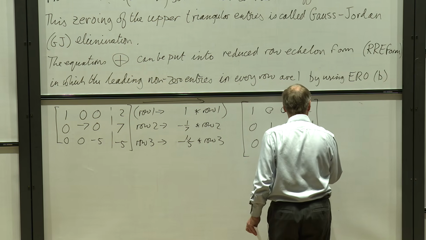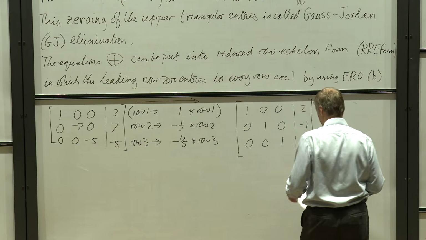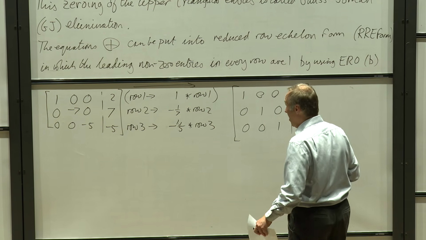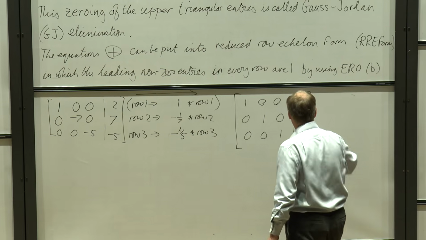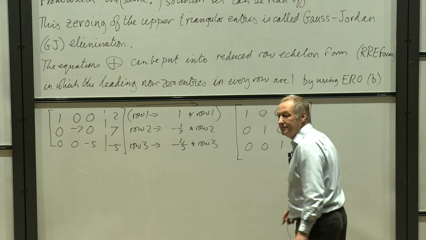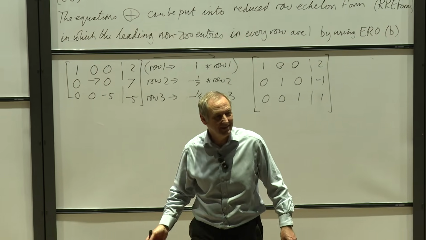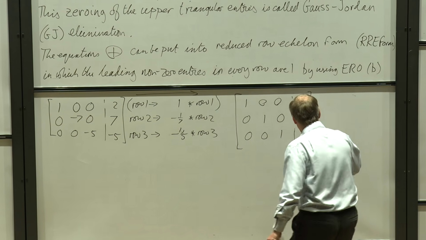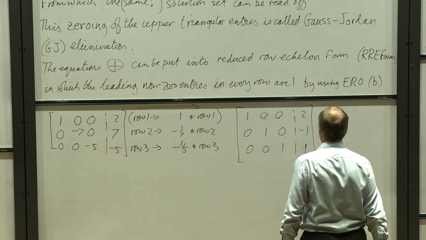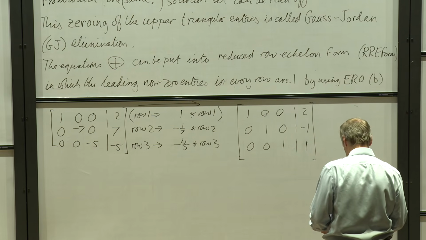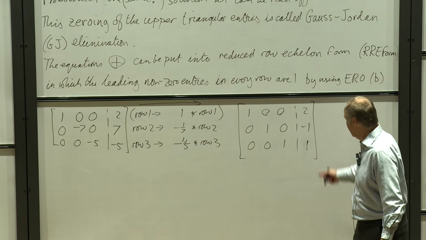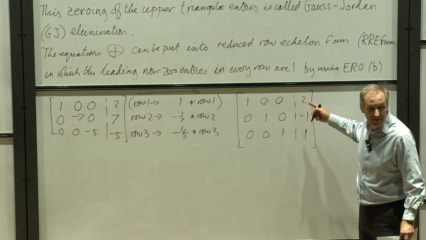It becomes 2, 1? Oh, of course, of course. There you go. You see that I'm not very good at arithmetic, but that's fine. Don't mind that. Good. You're good at arithmetic. So this is our reduced row echelon form. And again, you can very clearly see that this is now the solution.